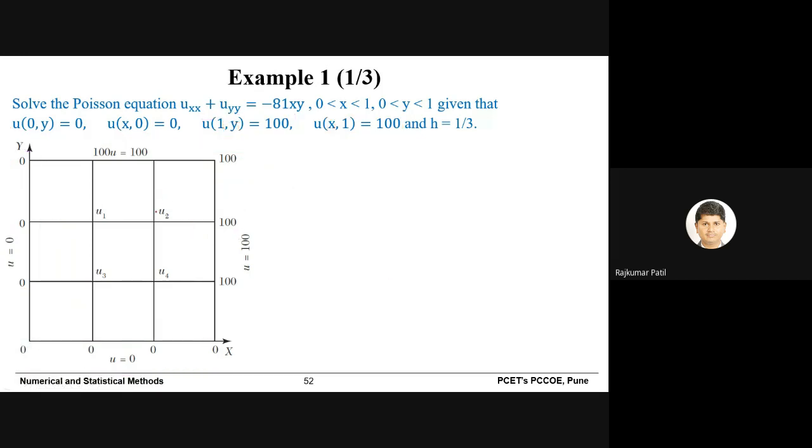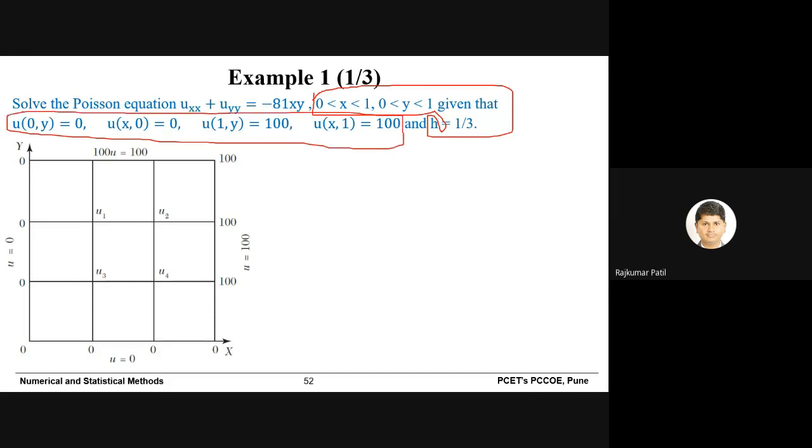So you prepare the mesh by using the range of x and the value of h. Then by using these four equations, you assign the boundary values.